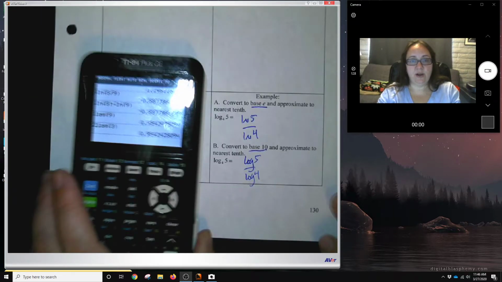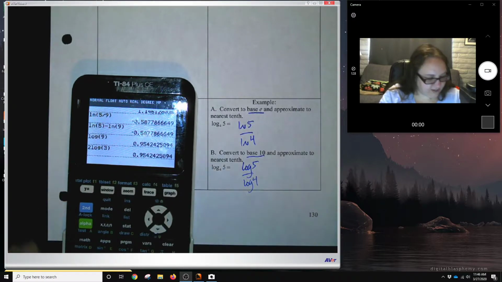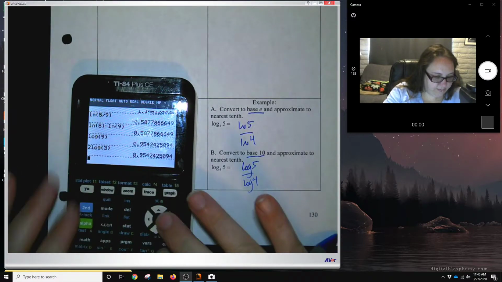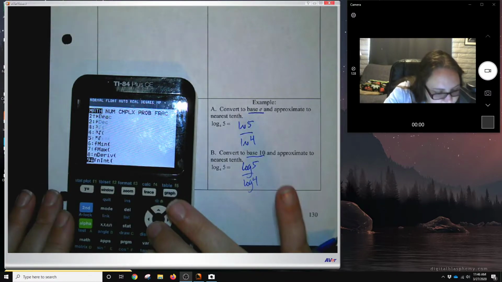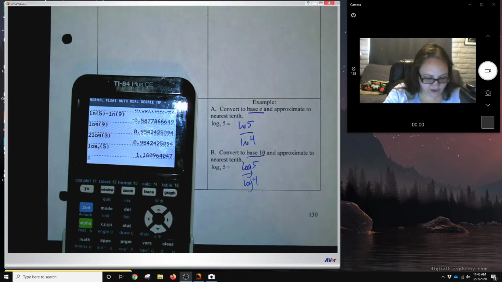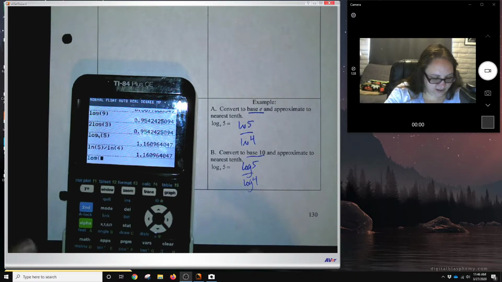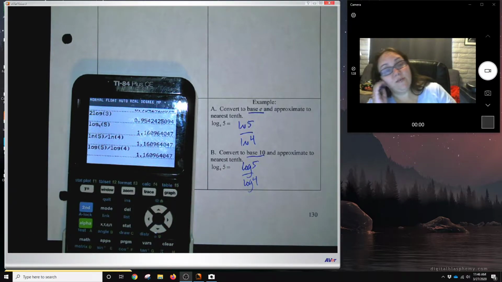And now, since I have a TI-84 and I can use the log base function, I'm going to try it. So log base 4 of 5, and then the ln of 5 divided by the ln of 4, the log of 5 divided by the log of 4. Notice how all 3 of those are the exact same.